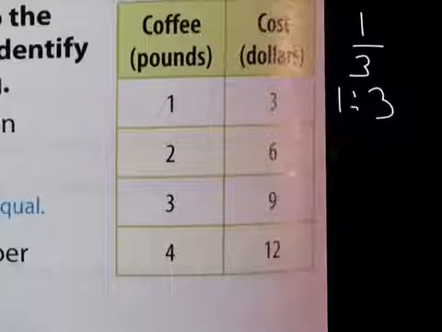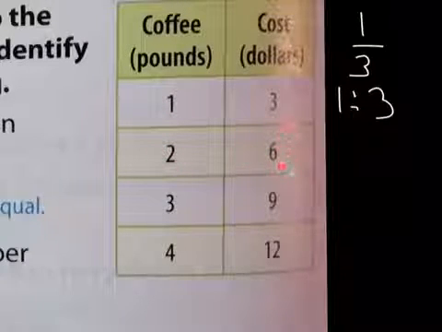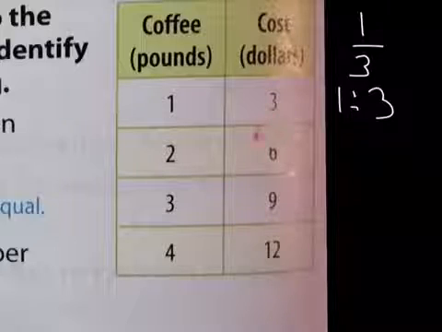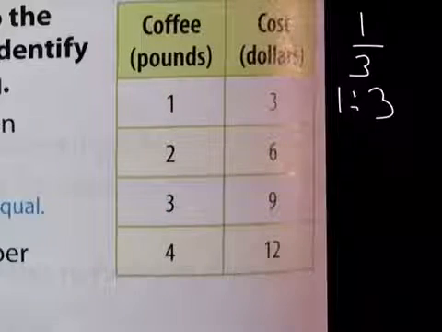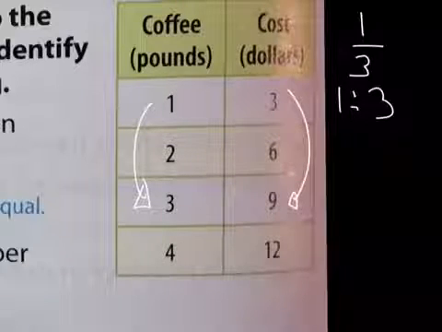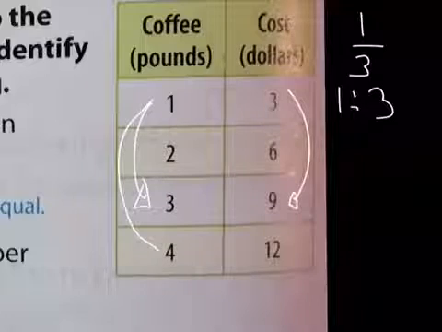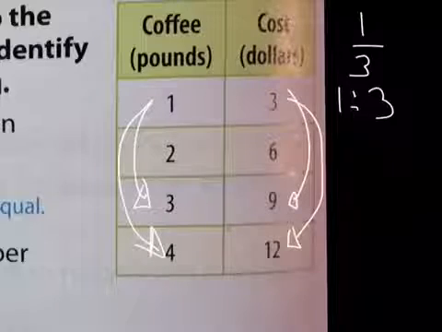And then we double the number of pounds, and look, the number of dollars double. Then we triple it. You see that? We tripled the amount, and look at that, the 3 also triples. We quadruple it, and the 3 also quadruples. So yes, it is proportional.